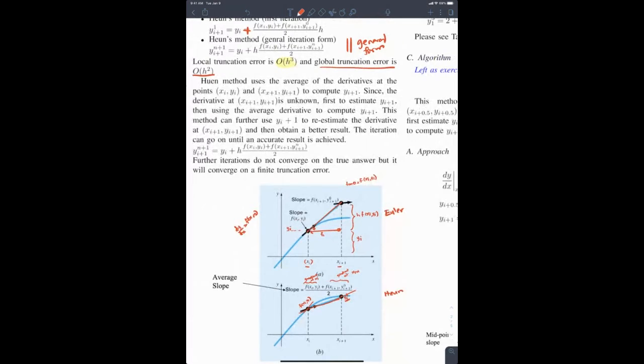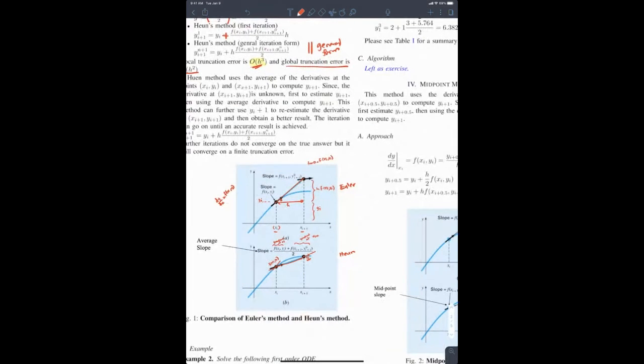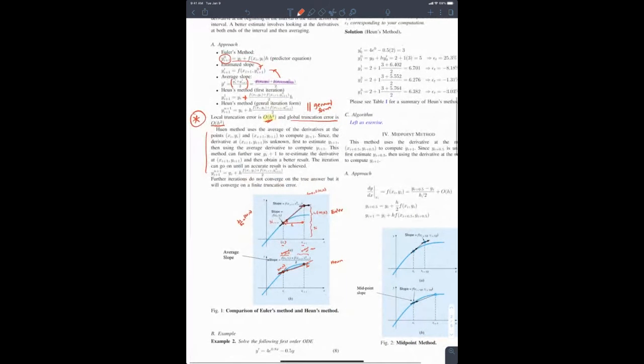So then when you use that one, they theoretically prove that the error is indeed better. They prove that error is order of h cube. I'm not sure what this global truncation error is, but I will find that out. But it is supposed to increase the accuracy, at least as claimed by these people.